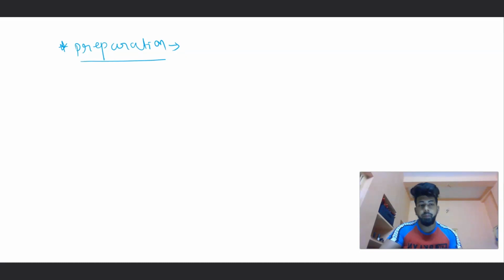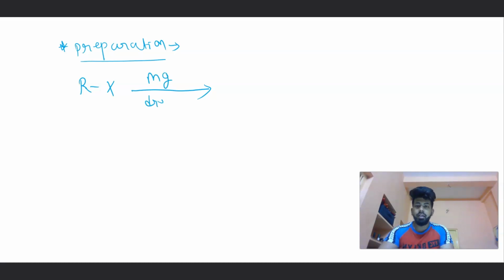So in case of preparation, we will take alkyl halide as the reactant. So let's take any alkyl halide. So let's take RX. This is an alkyl halide. So R could be anything, X could be anything. So I have taken a general term, that is RX. Now along with it, I have added magnesium metal inside dry ether. So what is that dry ether?